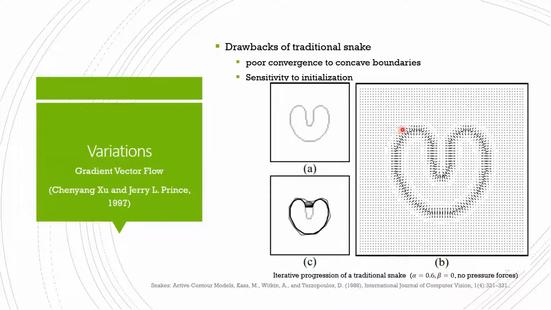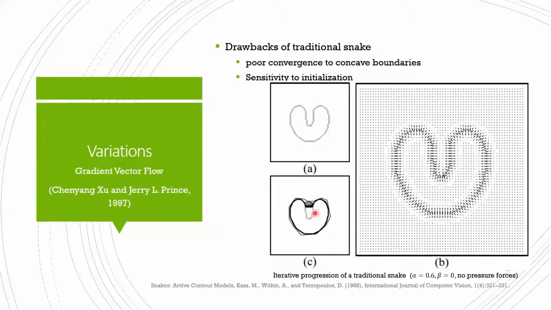The reason is that, if you see in this picture, these are the directions of gradient for every portion of the edge. So when the snake is here, it is faced with two horizontal gradients, but there is no vertical gradient that will pull it here.